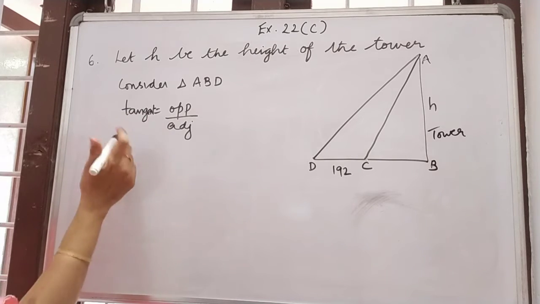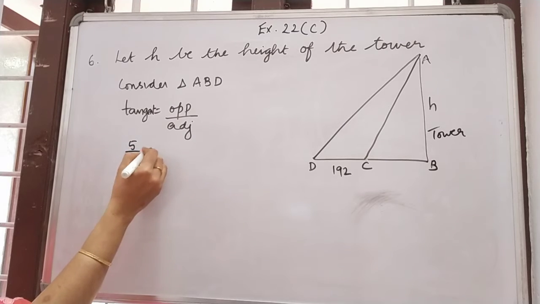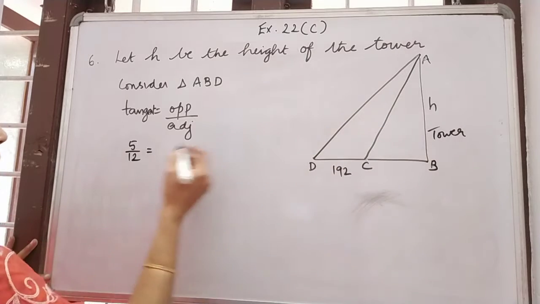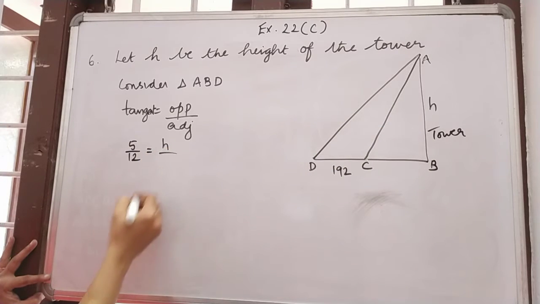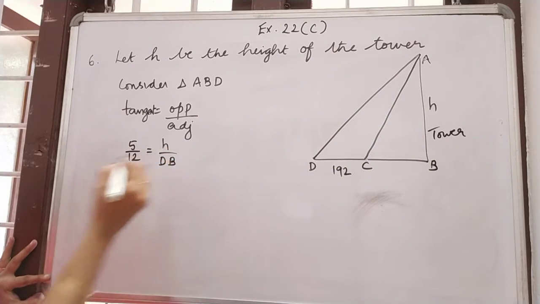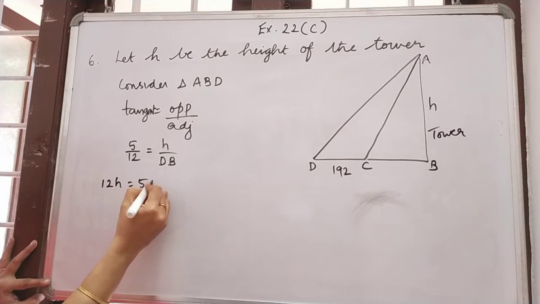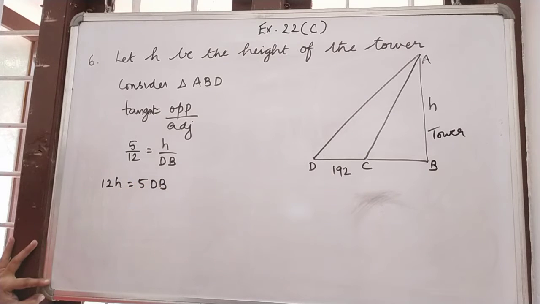So 5 by 12 is equal to, opposite is AB, which we can replace as H, divided by DB. Cross multiply: 12H is equal to 5DB.